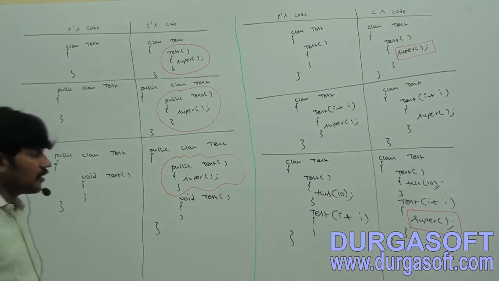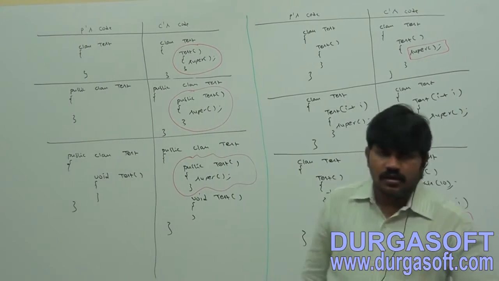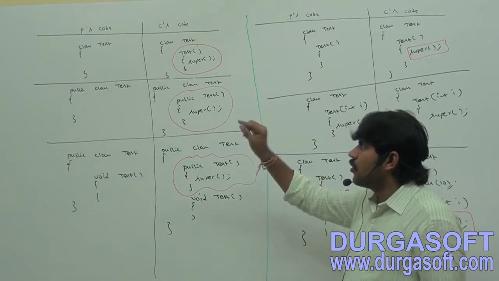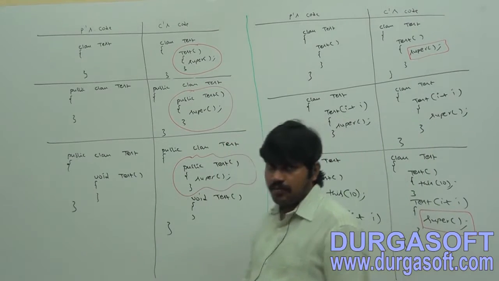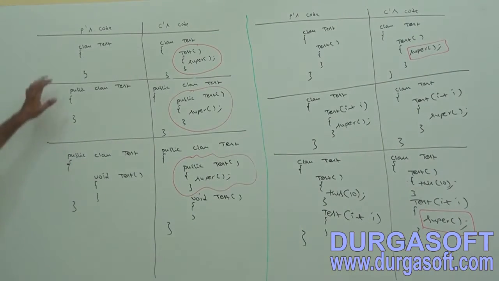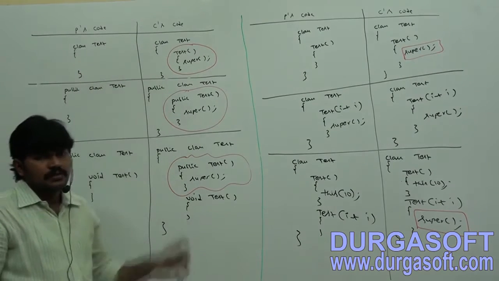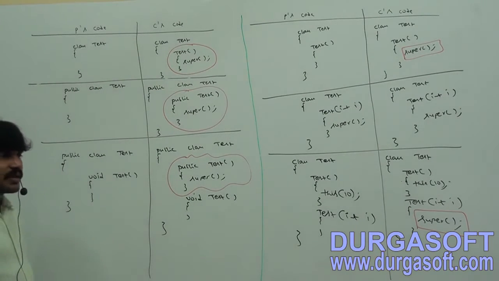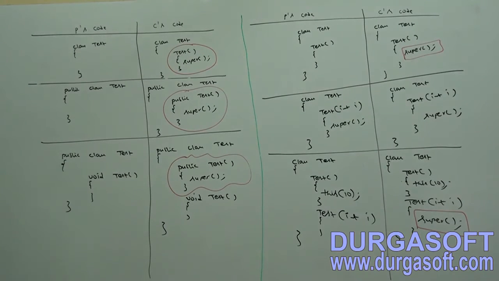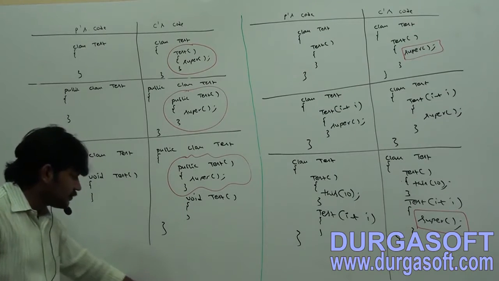Take all these things. Better to take the programmer's code, don't take piece code. On one side the programmer's code, on the other side the compiler generated code.